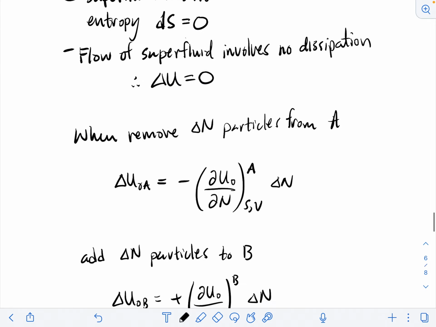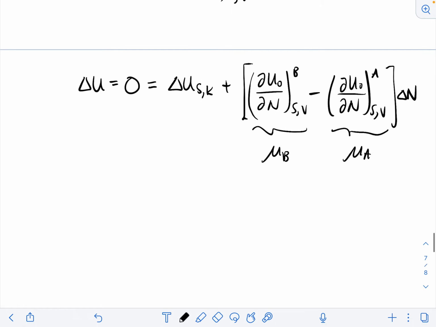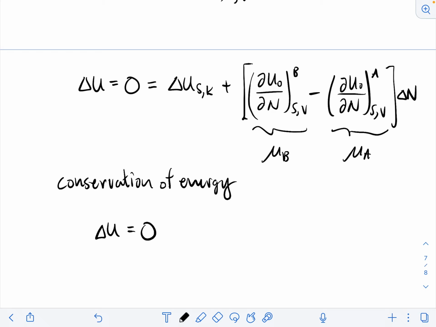And so this is the chemical potential at B, and this is the chemical potential at A. And so our conservation of energy expression looks like the following. The total change in energy is 0, and that's equal to the change in the kinetic energy, plus now what we have is mu B minus mu A times delta n.